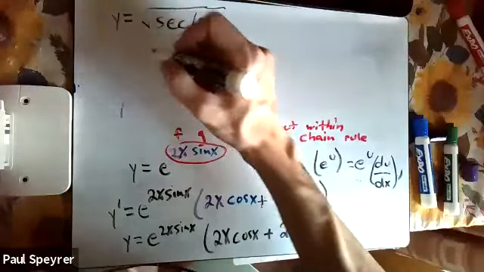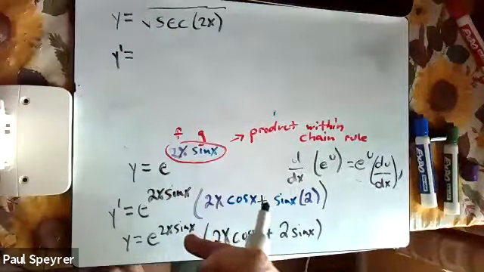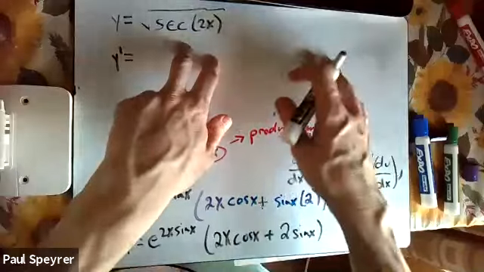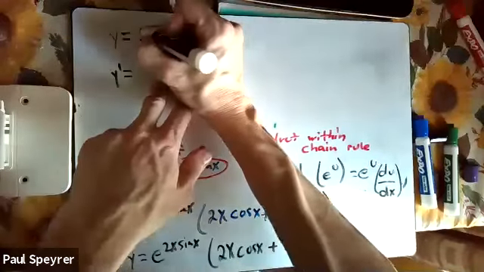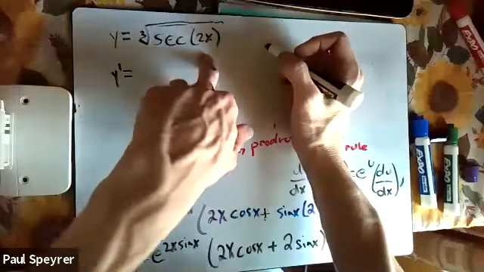And we want y prime. Now remember, whenever you have roots, you need to rewrite them, right? Better yet, I'll put cubed root. Why not? Let's do that. Let's do cubed root of secant of 2x.